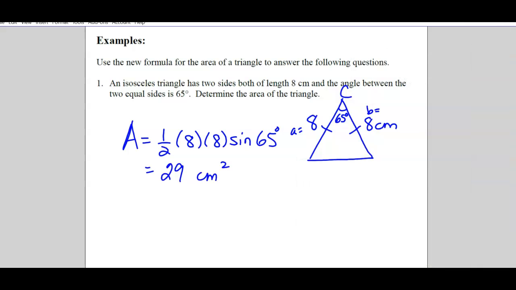Just looking at it, that's not a right triangle. Yeah, if you were to separate it into two right triangles, it bisects that angle. I'm just looking at the proof for it.